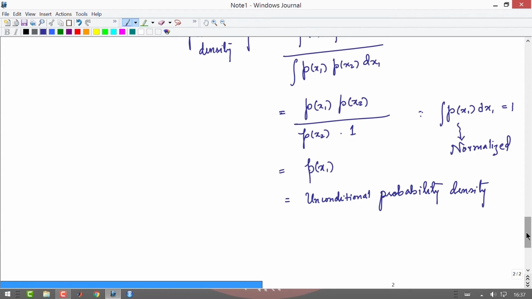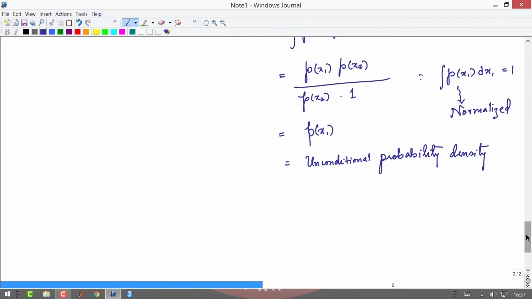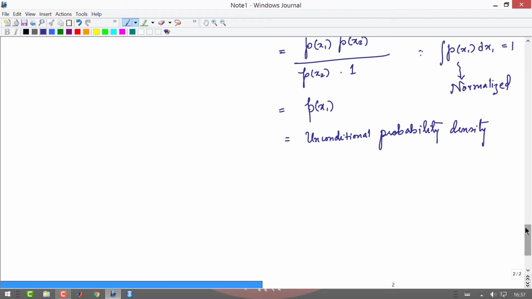Okay, so that's an important result which helps us to simplify problems, and we shall give some problems in the upcoming assignment set, and that will test your understanding of these probability concepts.